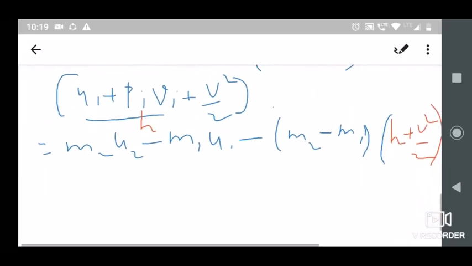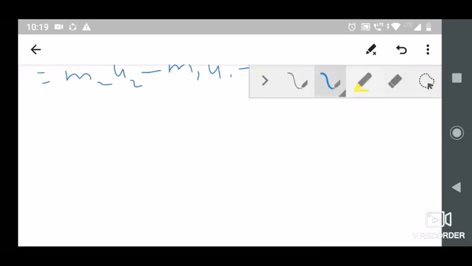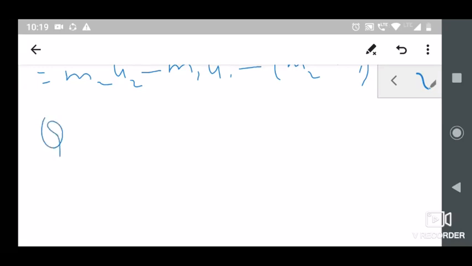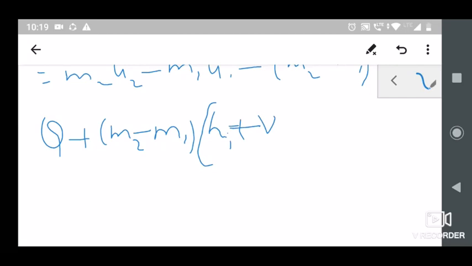Now finally we can write the unsteady flow equation as Q plus (m2 minus m1) into (hi plus v square by 2) is equal to m2 u2 minus m1 u1.